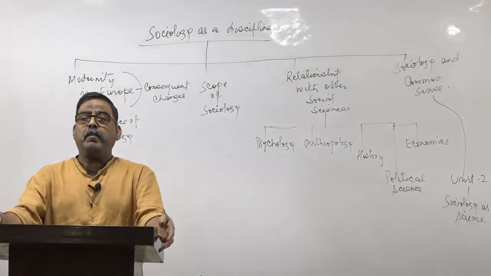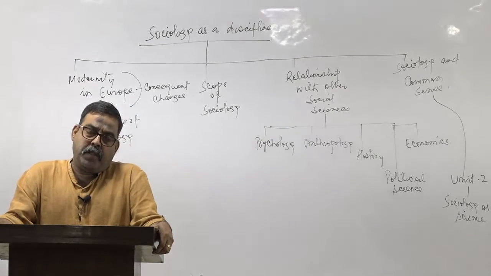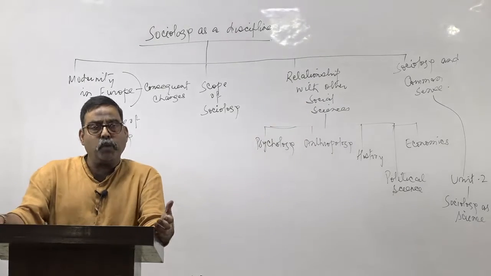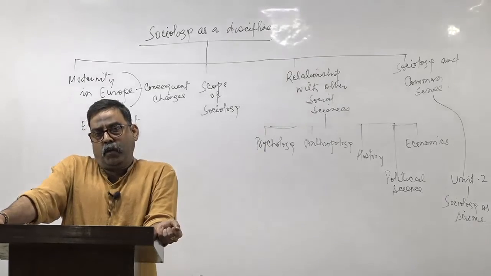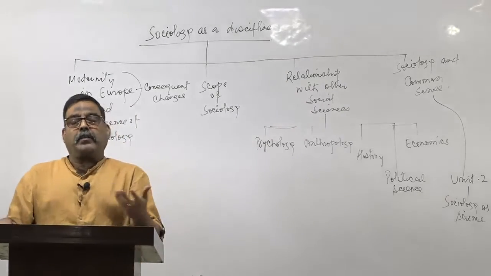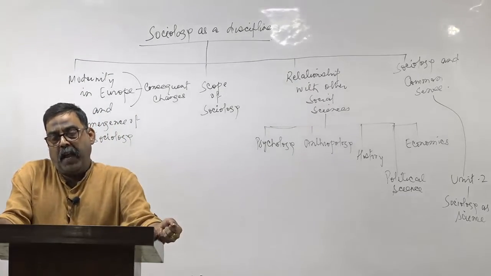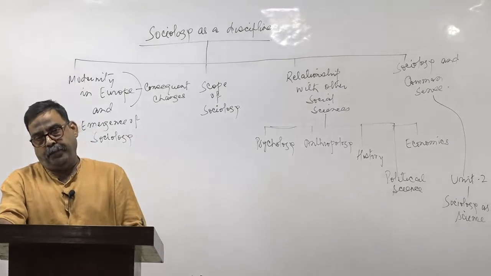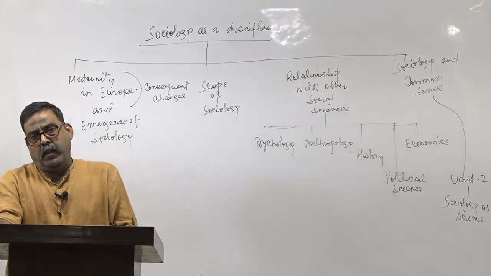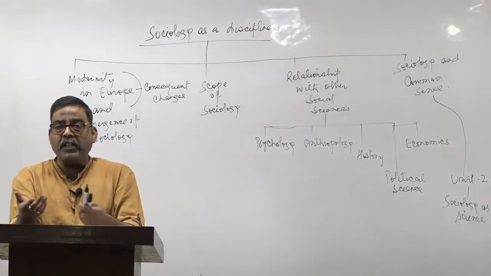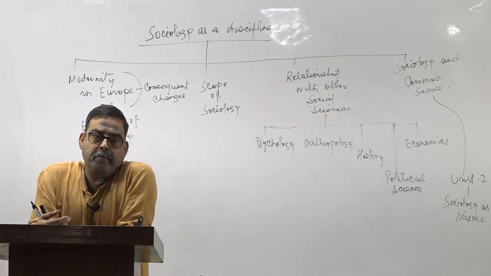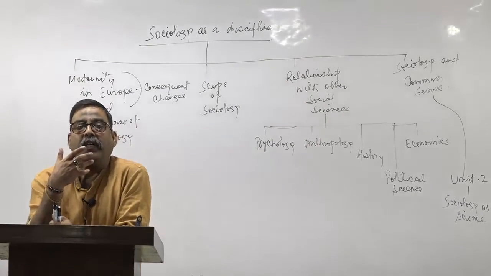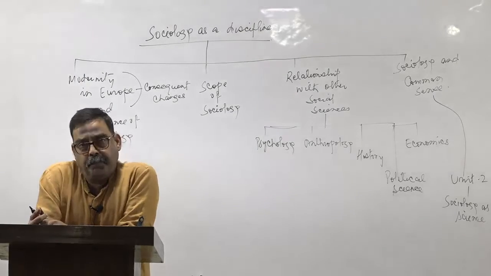This line has to be remembered by us, that when we look at sociology, sociology is basically a social product, an intellectual framework which found its genesis in the socio-historical conditions of Western Europe.